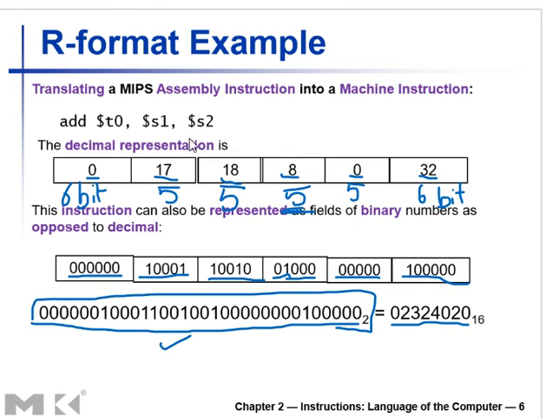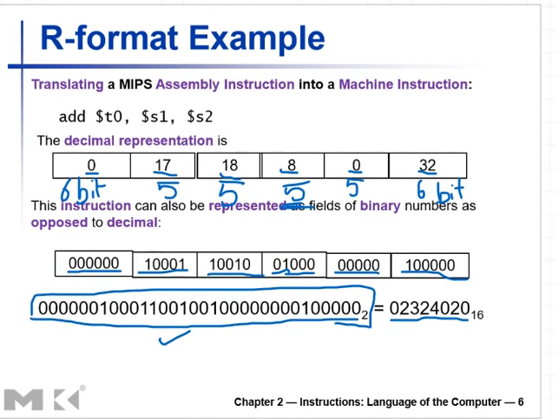Okay, so you now know how to convert an instruction into decimal and then convert back to binary. So which is R type instruction, we learn how to convert to decimal and how to convert back to binary. Okay then. So this is about the R type format.